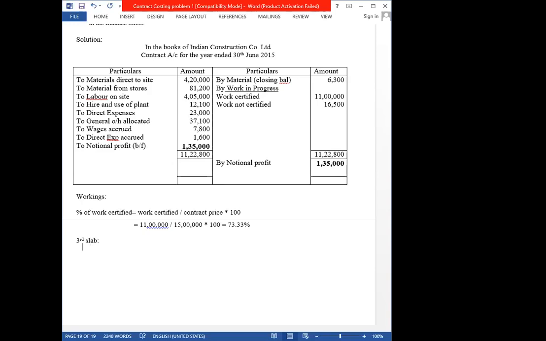Okay. So for the third slab, what is the formula? Amount to be transferred to P&L account equals notional profit into 2 by 3. This is fixed, 2 by 3, into cash received divided by work certified, or you can take percentage of cash ratio.